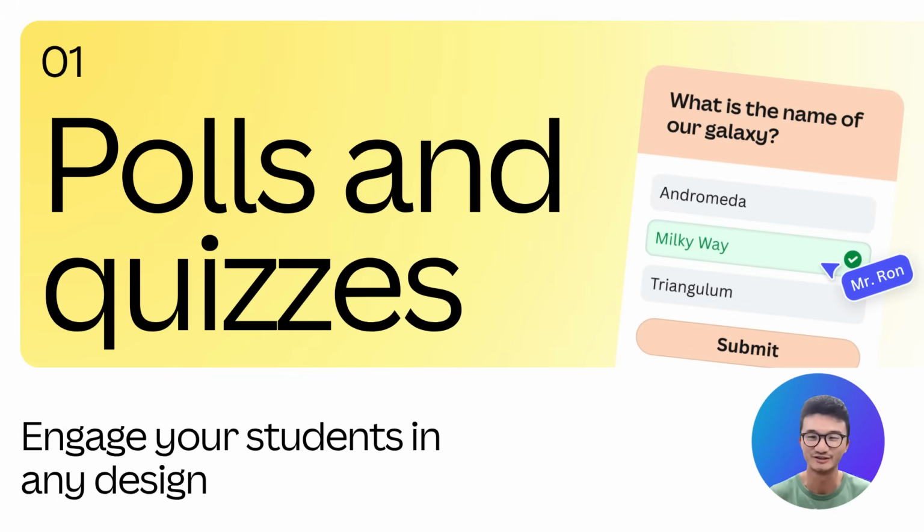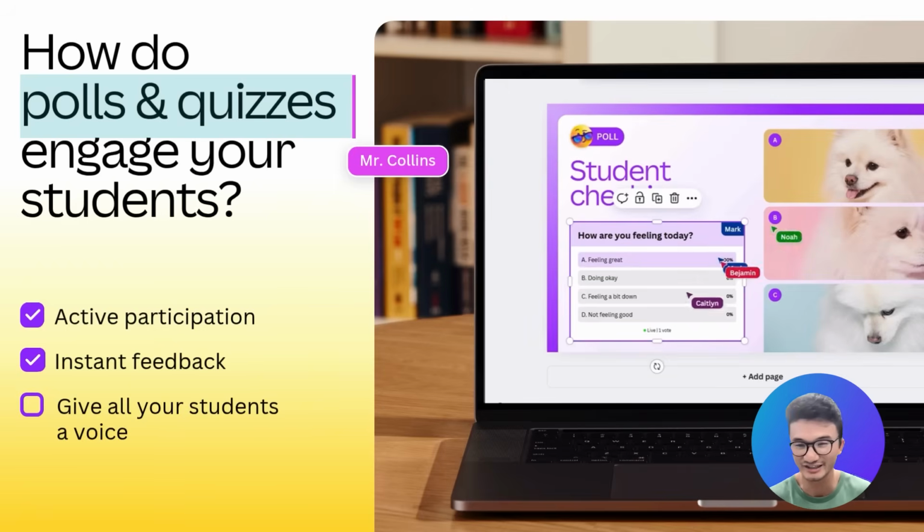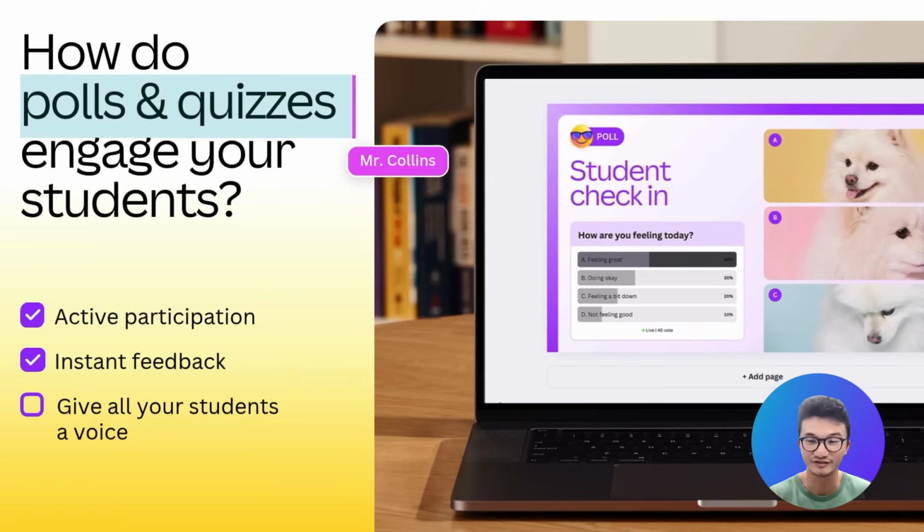If you're not familiar with polls and quizzes, they are a great way to increase engagement in your students. Whether you're getting students to be active in their learning by responding to a quick check-in or giving them instant feedback on their progress with a short quiz, there's no need to worry about students not putting up their hand for help, because they all give students a voice in your classroom.